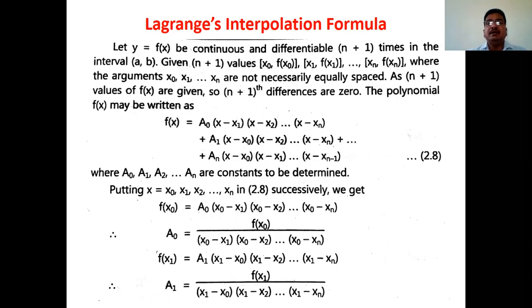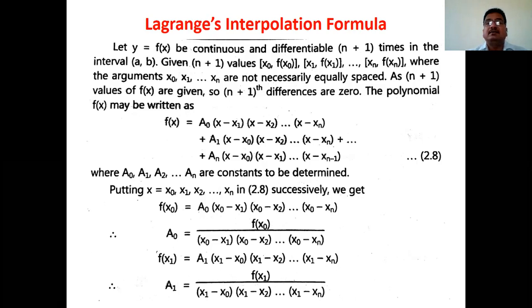So note here that these values of x, x0, x1, x2, are not necessarily equally spaced, not necessarily equidistant. That means they may or may not be equidistant.